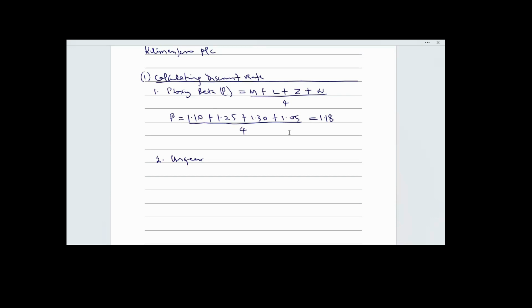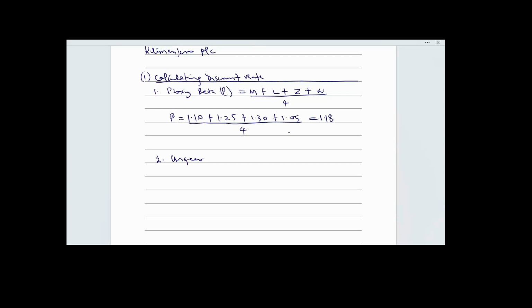So let's ungear now. To ungear, I provided two different formulas. If in the question you are told that debt beta is risk-free, then you are going to use the smaller formula. But if in the question you are given debt beta, you are supposed to use the extended or expanded formula.